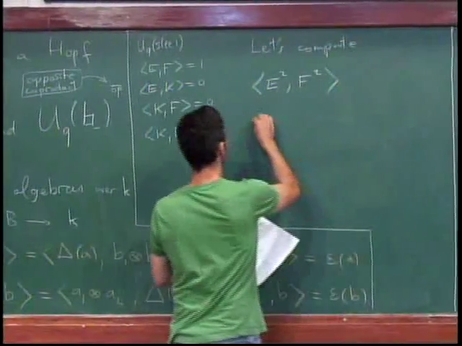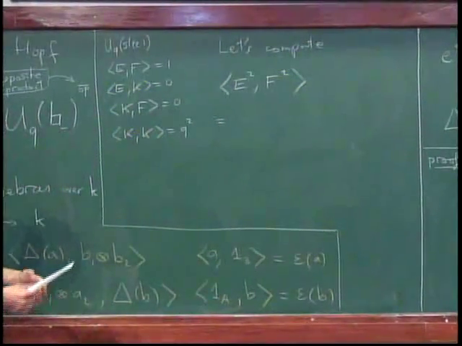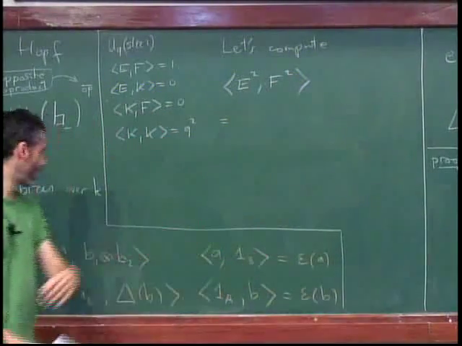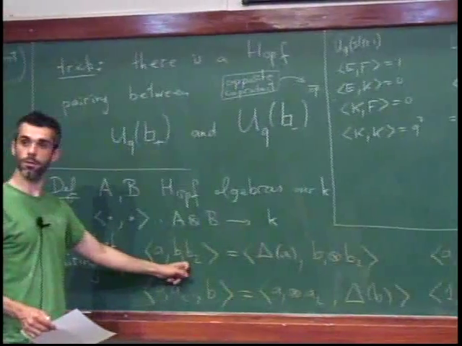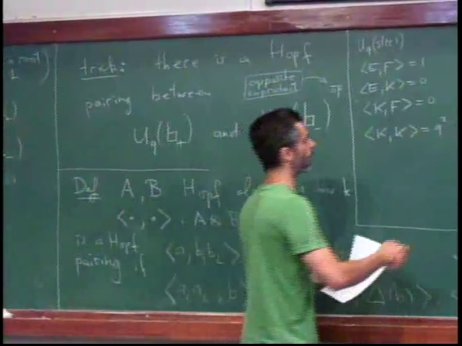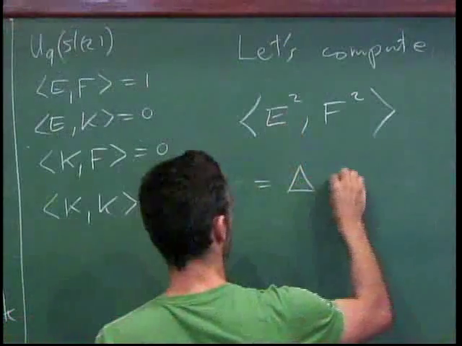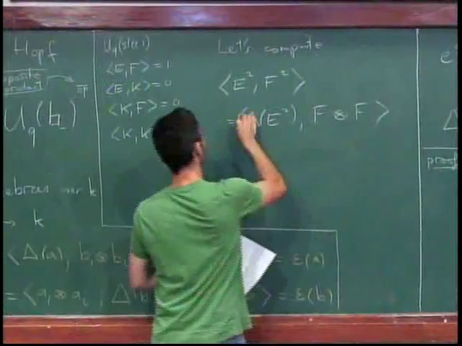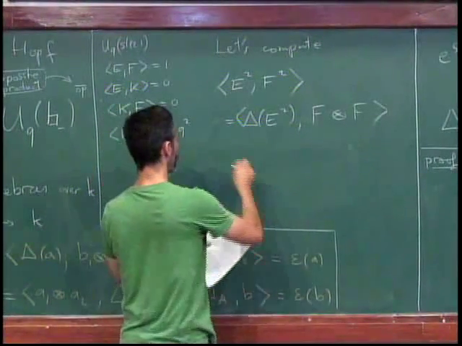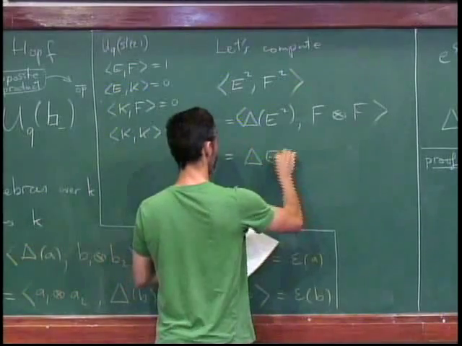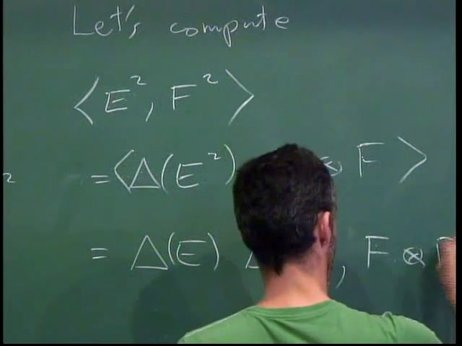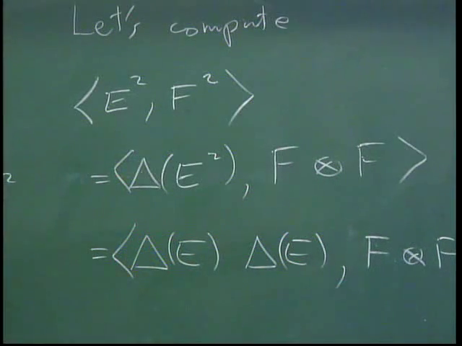So we use the rules that we have. F squared is a product of F times itself. So I can use this first rule to say that it's the coproduct on E squared paired with that. The coproduct on E squared is, because delta is an algebra homomorphism, the square of the coproduct on E. Now I'll write it out.